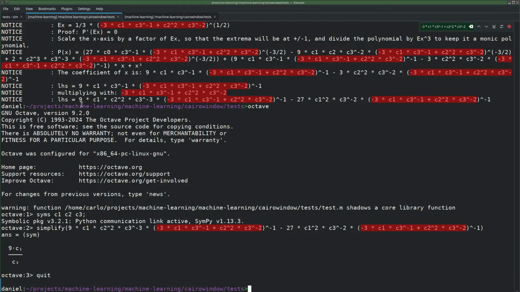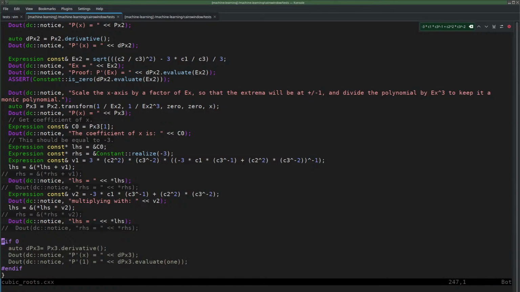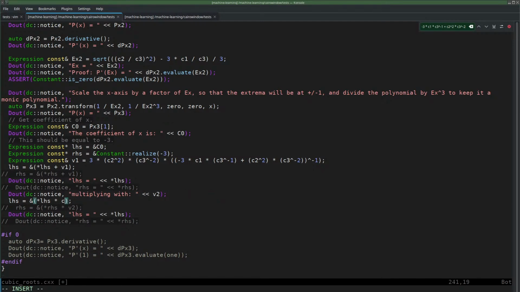So that if ever I change something and that is no longer true, then it will tell me. So instead of multiplying with this, I'm going to multiply it with just C3. Really small steps. Sorry, so that's here. So let's multiply, forget about that one, multiply with C3.